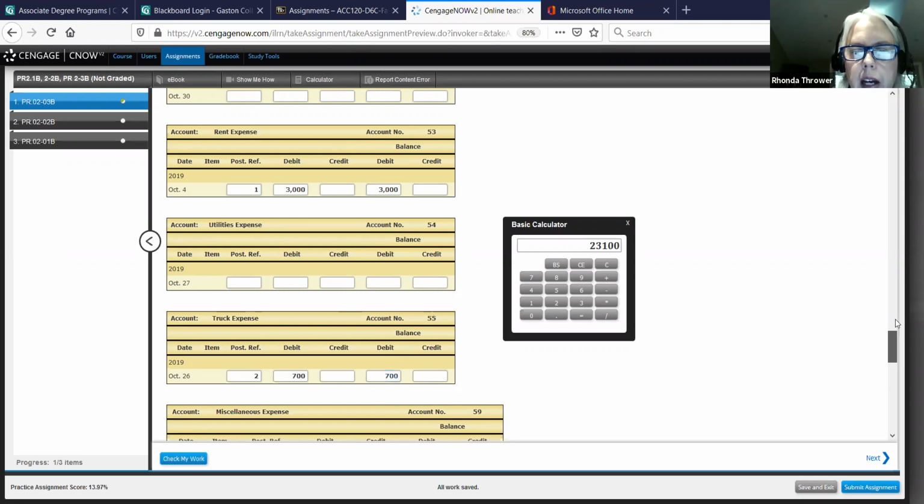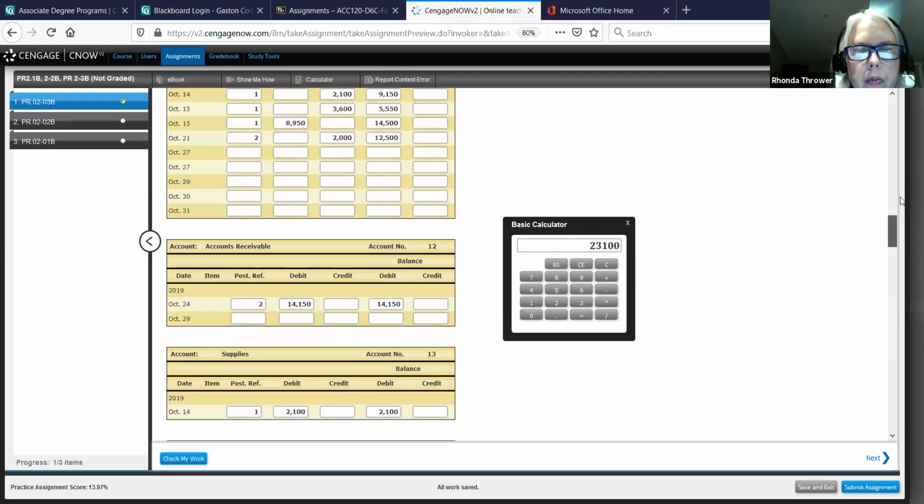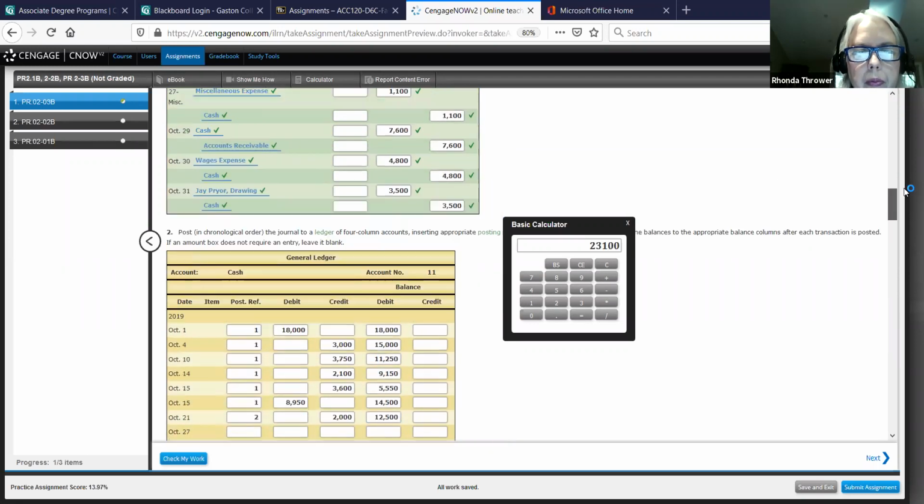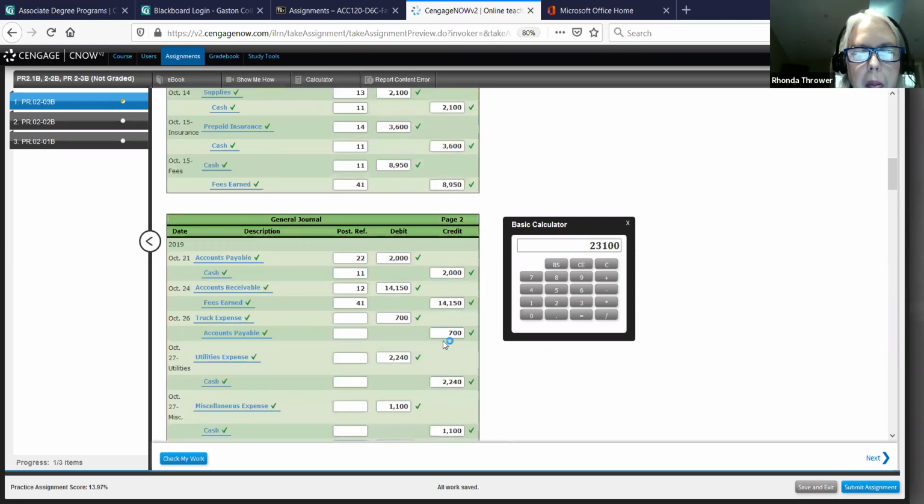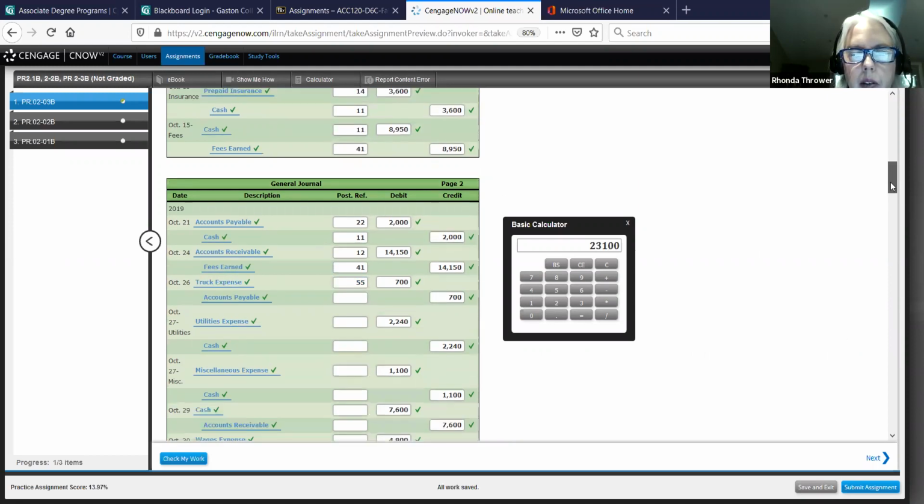Pick up 55. And put it on your journal. And then we're going to move to accounts payable at 700.